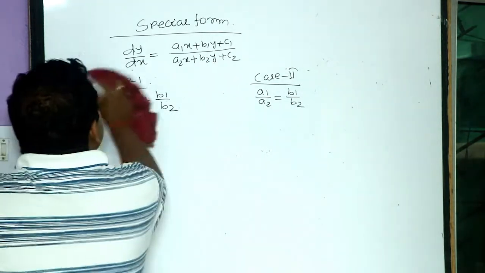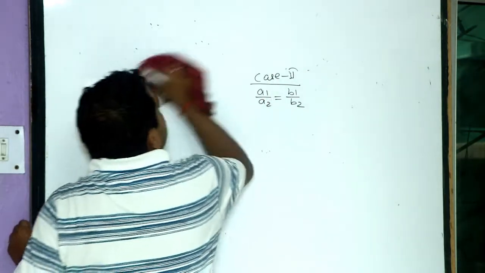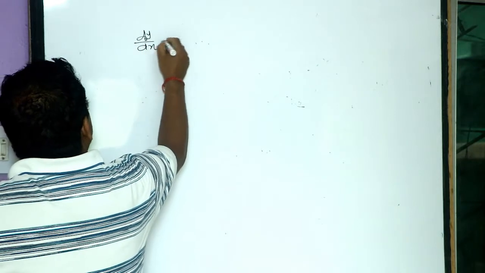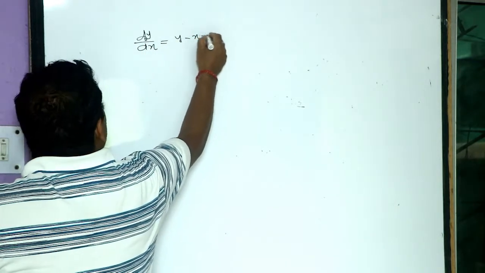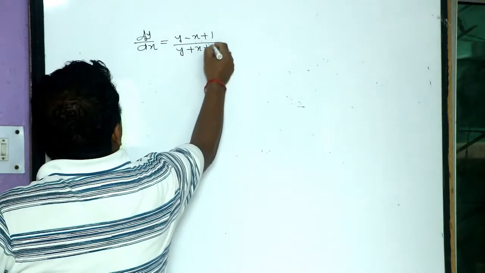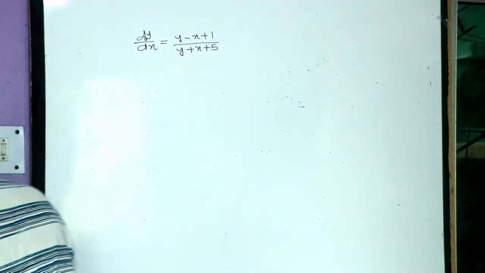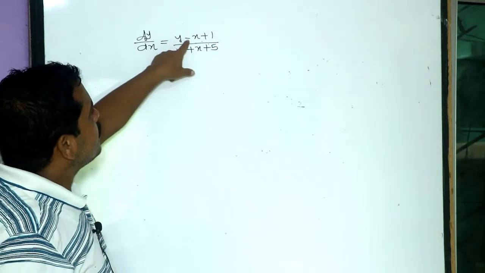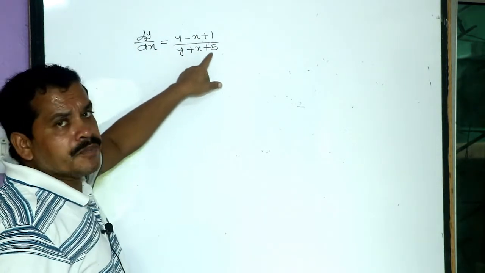Suppose the differential equation is of the form dy by dx equals y minus x plus 1 by y plus x plus 5.